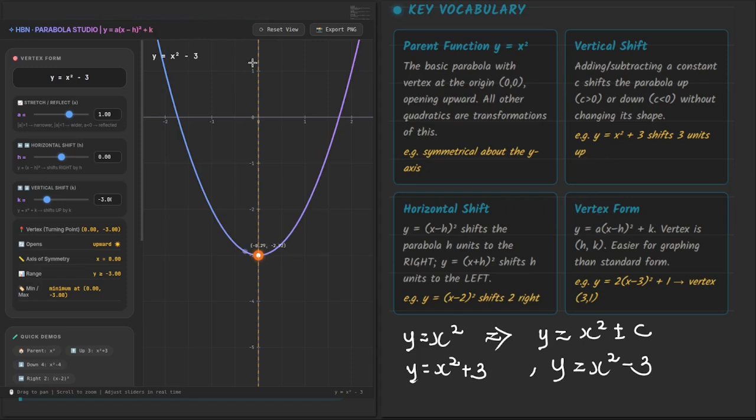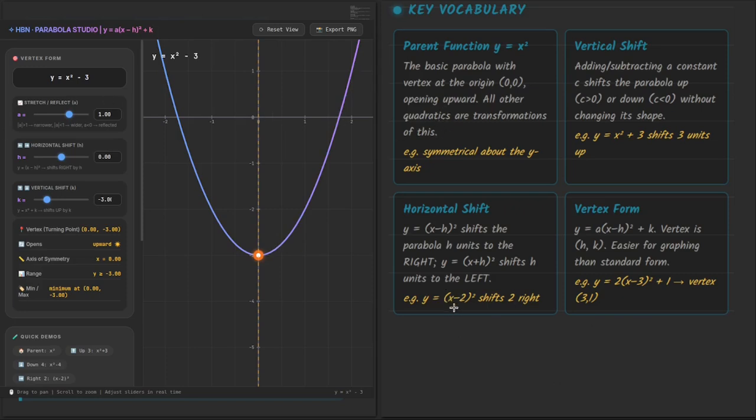And what accounts for the horizontal shift? The horizontal shift occurs if, when you have y equals x squared, you actually want to change the value of x either to the right or to the left. So that instead of x, you are writing y equals x minus h, or y equals x plus h.